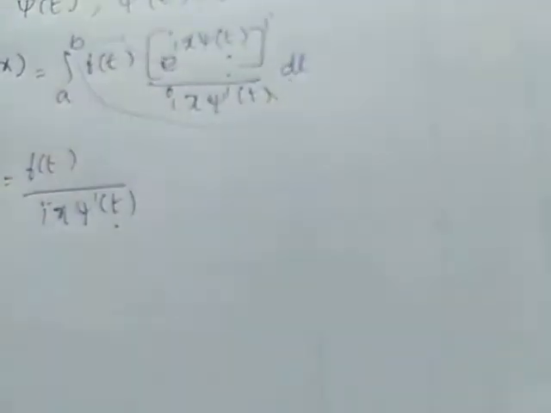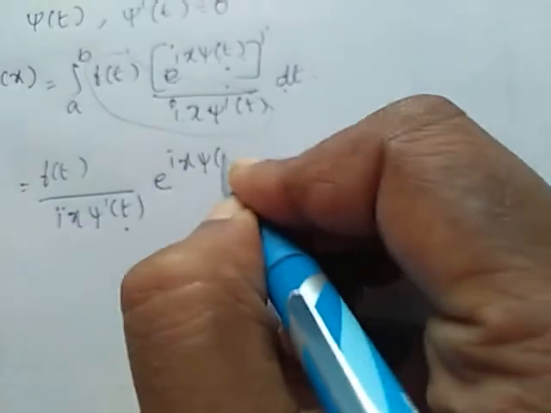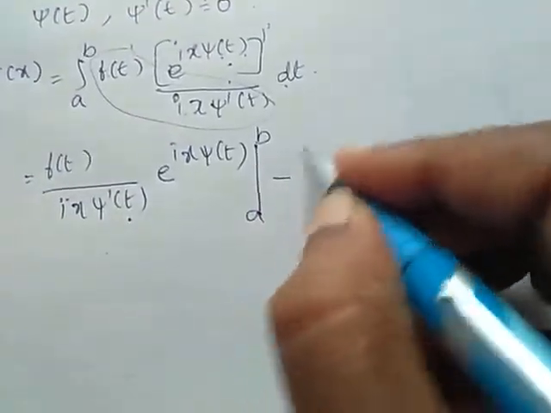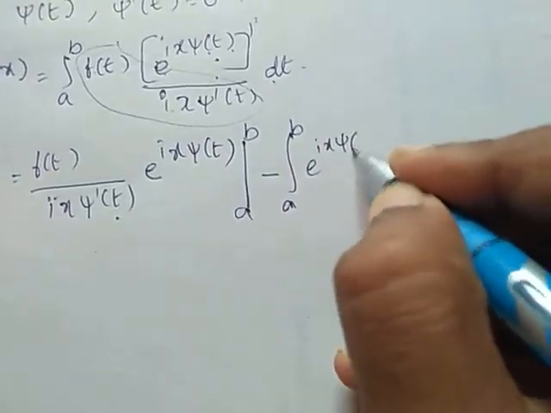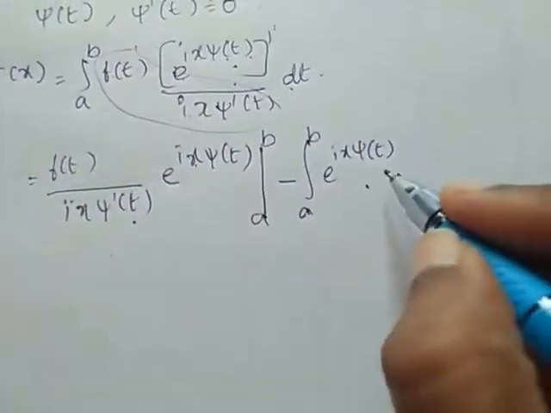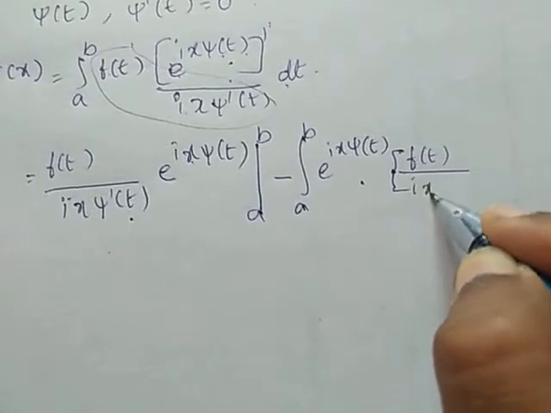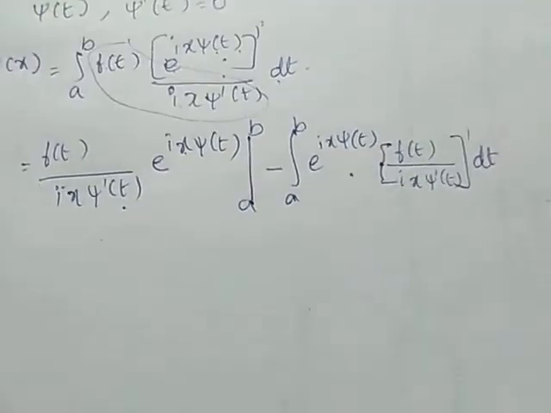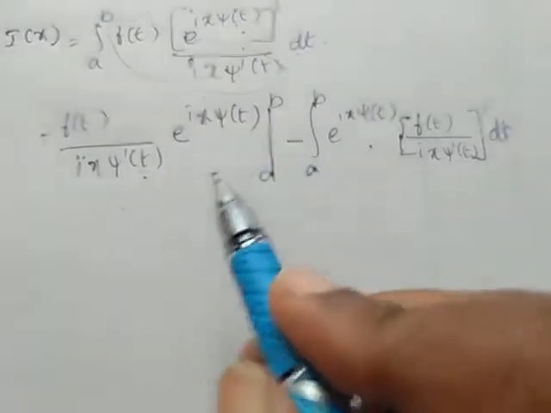When we integrate it, we get e power i x xi of t, with limits from a to b, minus the integral from a to b of e power i x xi of t into the derivative of u. When we differentiate it, we get f of t by i x xi dash of t whole dash dt. So we have applied integration by parts.